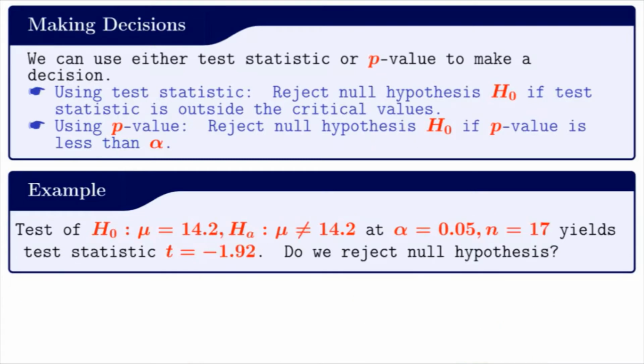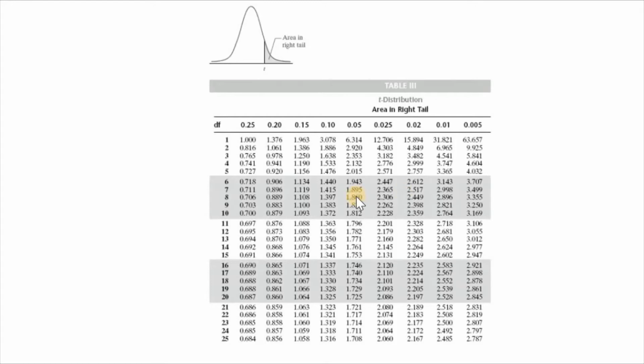Next, let's look at this example here. This is a two-tailed test with t-distribution. First, let's do this using the method of critical value. To find the critical value, we'll use a table. So for that, let me pull up my table on the screen. Now, look at the column of alpha by 2. Since it is a two-tailed test, look at the column of 0.05 by 2, which is 0.025.